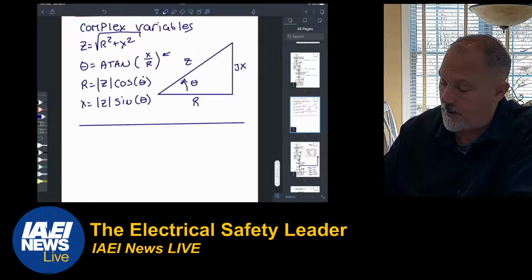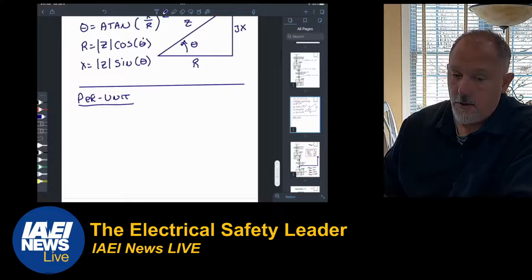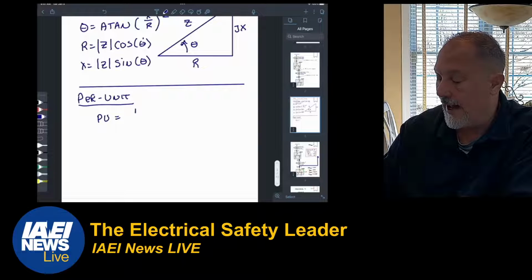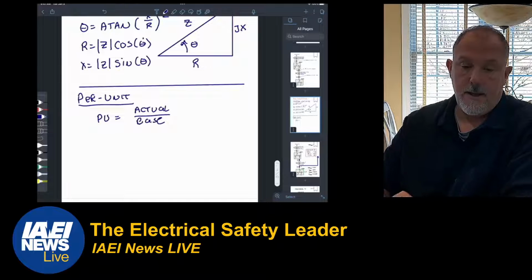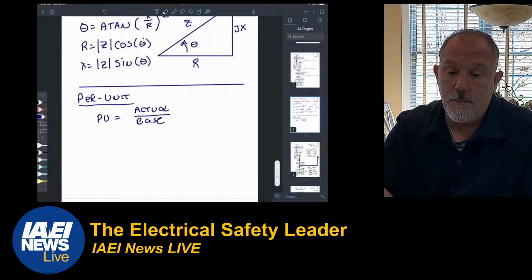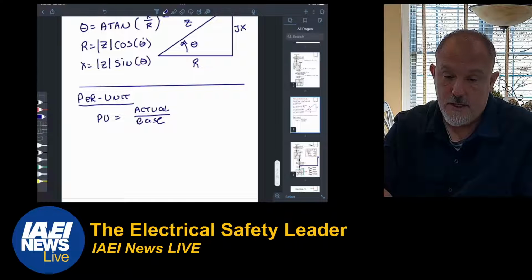How about per unit? So a value per unit is equal to actual over the base. That is a very important piece of the puzzle.